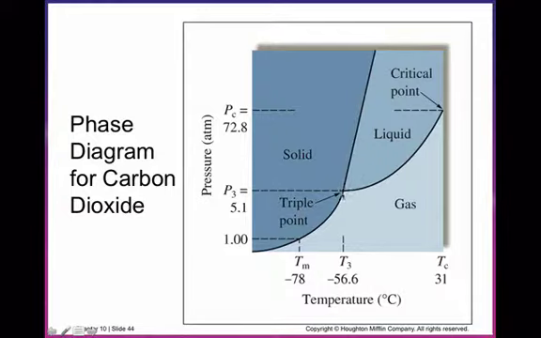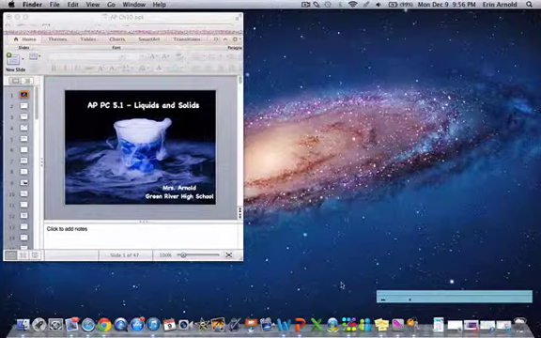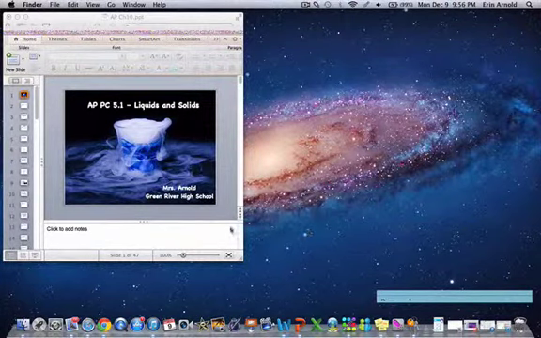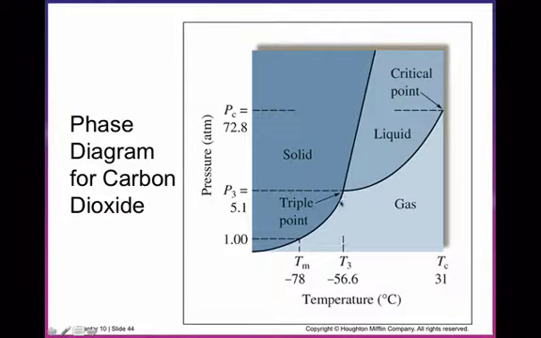Here's the triple point for the carbon dioxide phase diagram, and you can see that that would be at negative 56.6 degrees Celsius, and then the pressure would be 5.1 atmospheres. Here's the critical point way up here. This line extends indefinitely. If you pick a pressure and a temperature that fall on these dark lines, you will have an equilibrium point where you would see both these phases.